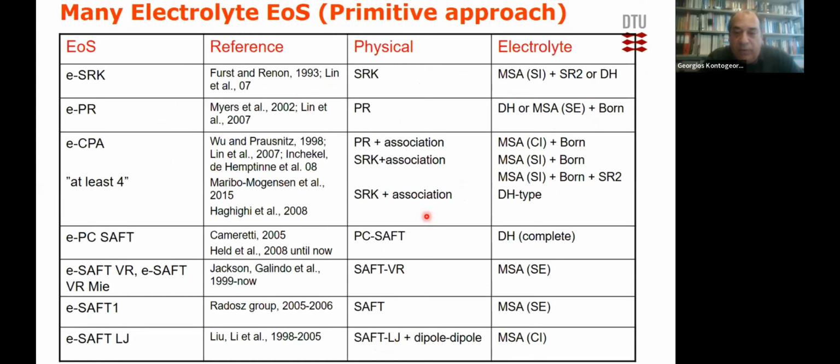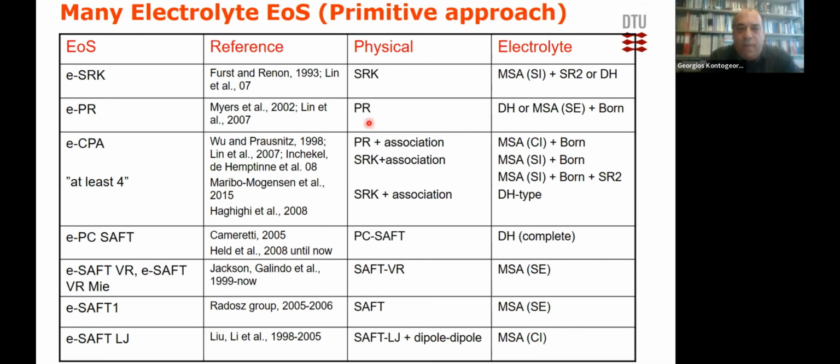There are many such models, and that's why it's also very important to clarify a little bit the situation, because I started by saying that it is the activity coefficient models that dominate, but there are 60 electrolyte equations of state.